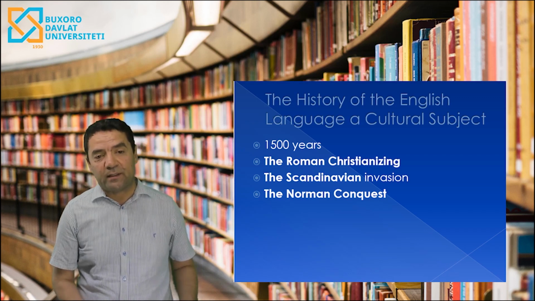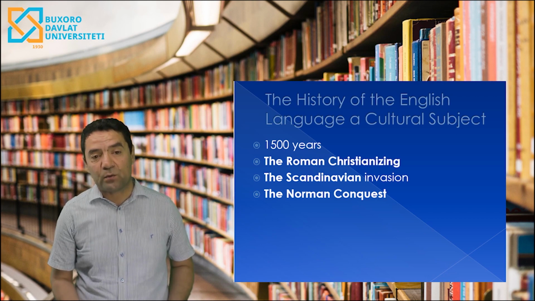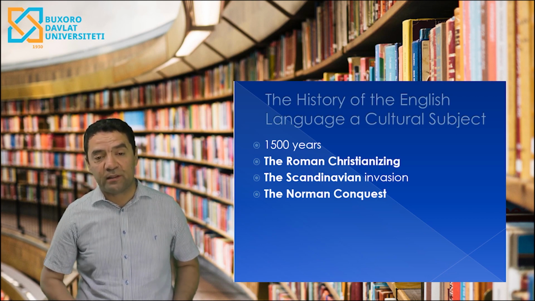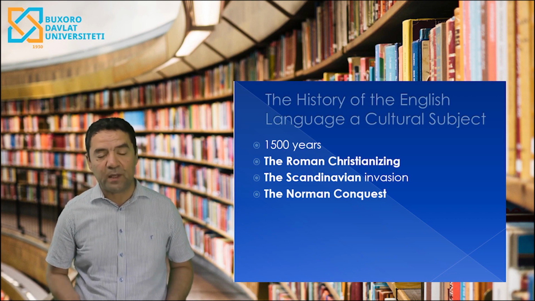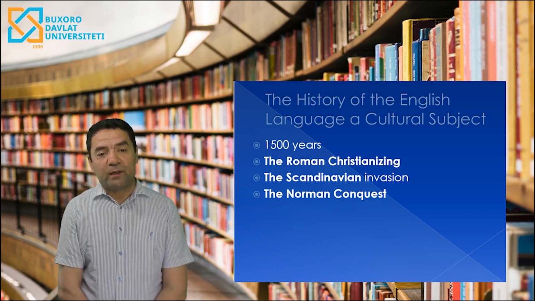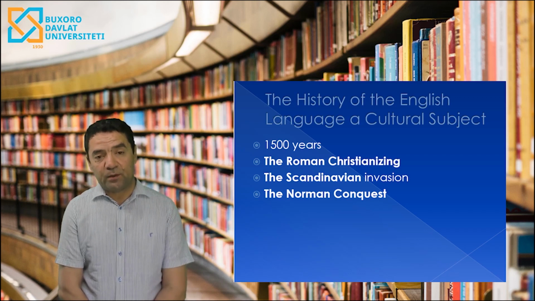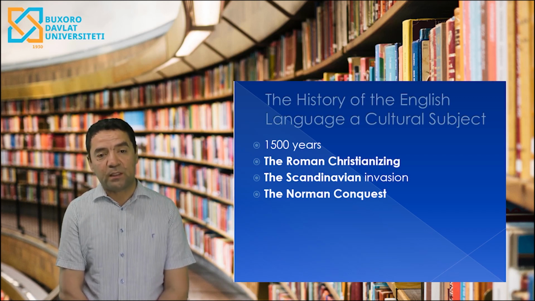So we mentioned that the history of the English language includes 1,500 years of its development. And here it is worth mentioning what kinds of cultures impacted the development of the English language from its earliest period.